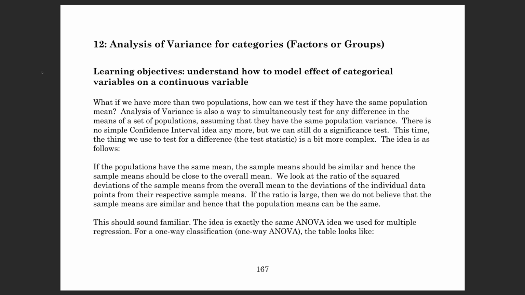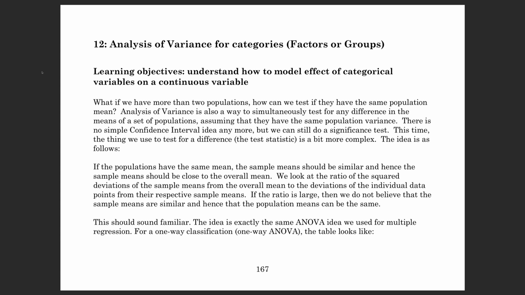So we can look at the ratio of the squared deviations of the sample means from the overall mean to the deviations of the individual data points from their respective sample means. So if the ratio is large, then we don't believe that the sample means are similar, and hence that the population means can be the same. So this should sound familiar because it's essentially the same idea we use for multiple regression.